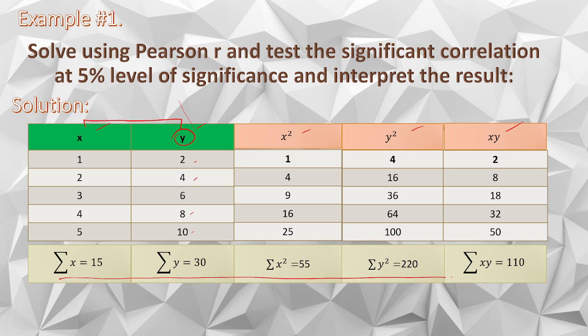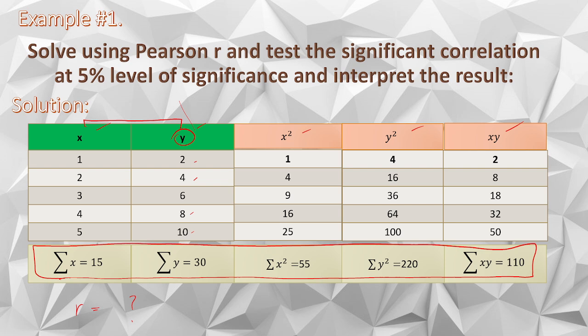Itong naandito na value class, ito yung kakailanganin natin para ma-solve natin yung Pearson r natin, yung small r natin. So, you need to be careful in solving yung bawat data sa loob ng table, kasi may isa lang na mamali dyan, mali na agad. Even your formula, pag sinubstitute mo, mali na rin siya agad.